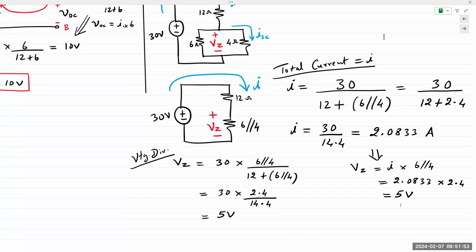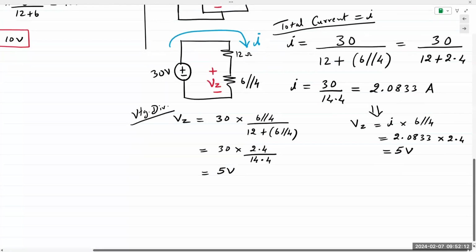Maybe, maybe not. As far as circuits go, this circuit is rather straightforward because it only has one source and a reducible network of resistors. Okay.